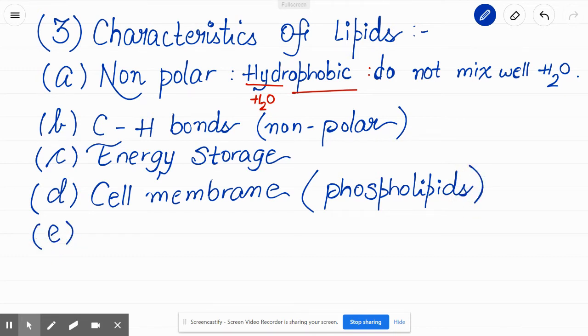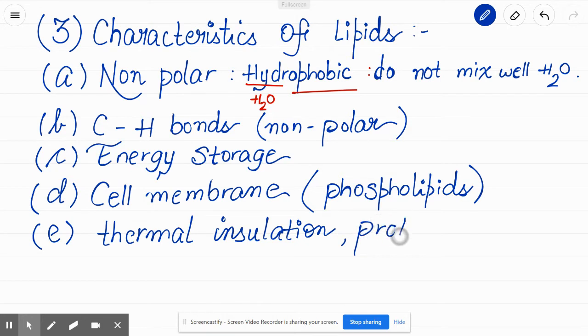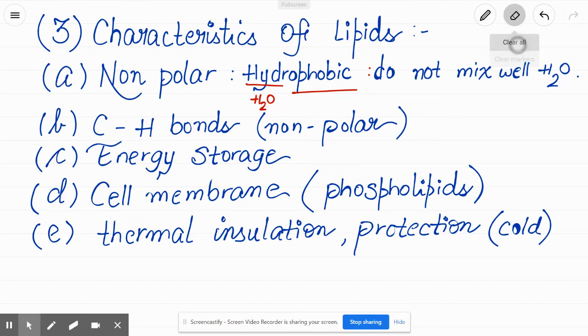Next, they also provide thermal insulation and protection during cold and winter season basically. All right, so on this slide, we took a look at the characteristics or features of lipids. Next up, we'll start with the very first type of lipid, that is fatty acids.